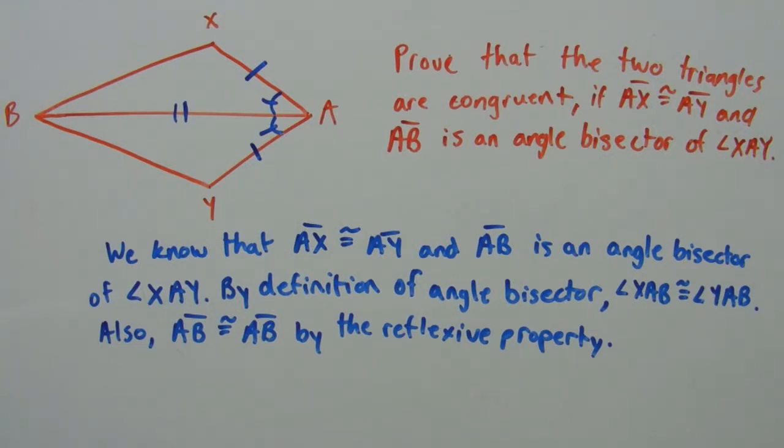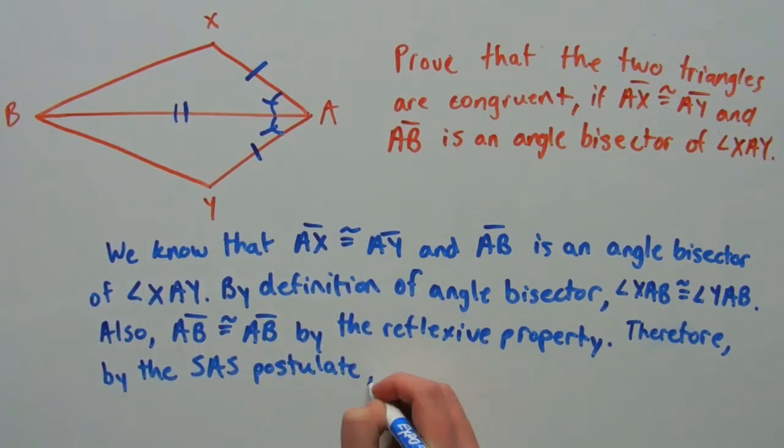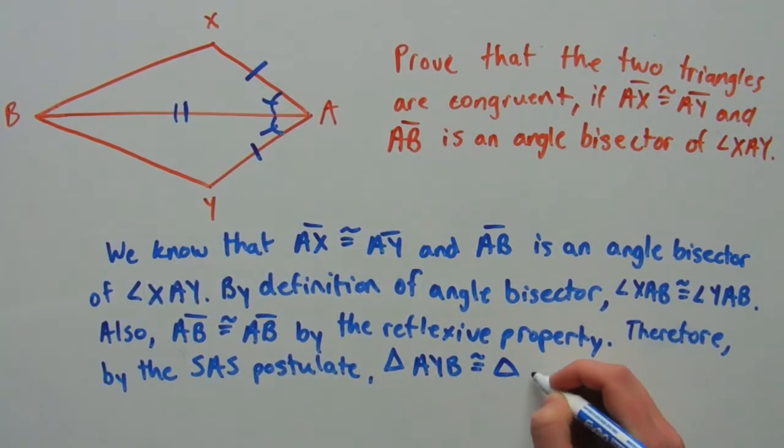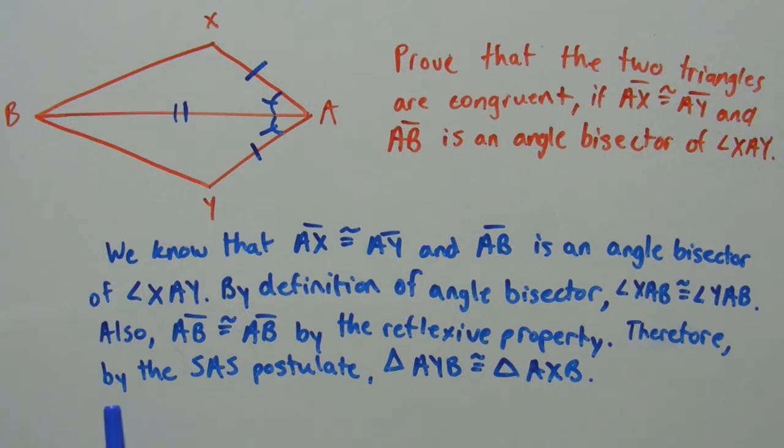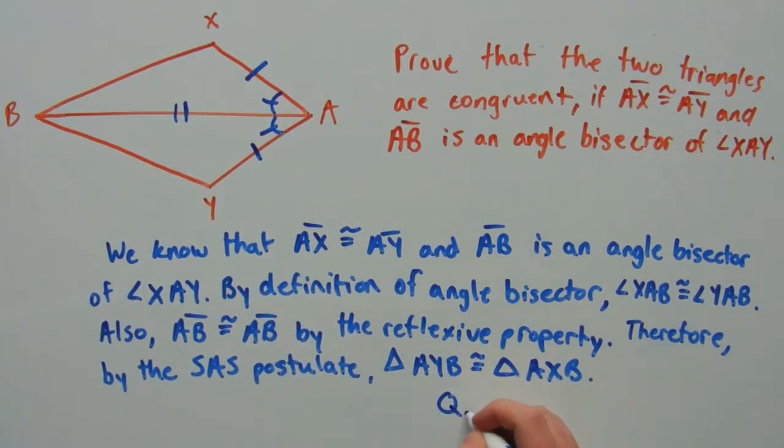So because of our side-angle-side postulate, we can say that the two triangles are congruent. Therefore, by the side-angle-side postulate, triangle AYB is congruent to triangle AXB. And that is what we needed to prove.